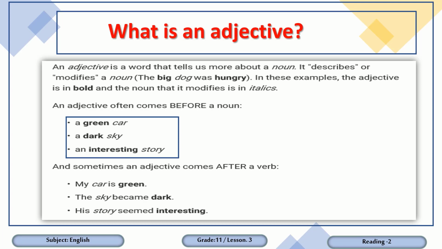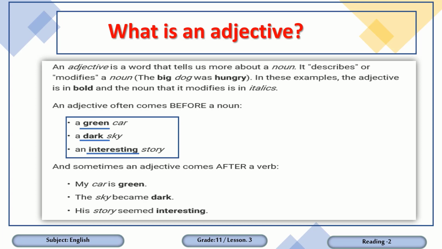Let's have some examples. An adjective often comes before a noun. A green car, a dark sky, an interesting story. So green, dark, and interesting are three adjectives. They are modifying these three nouns, car, sky, and story.